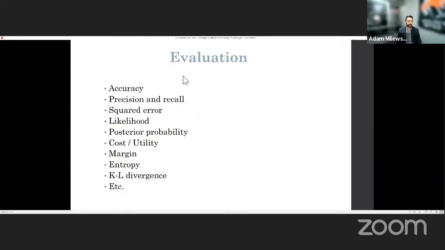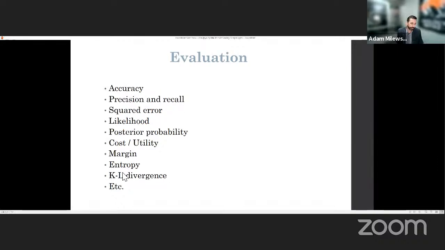The second is how are we going to evaluate it? There's no point in having a model if we said machine learning is to create a model and improve a performance evaluation criterion, we have to have a way to evaluate it. What's our accuracy? How are we going to look at precision and recall? Are we going to look at squared error?